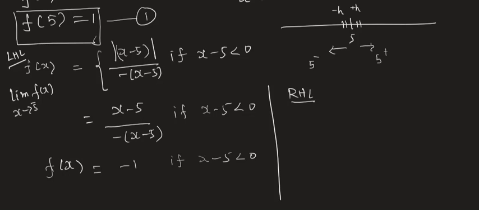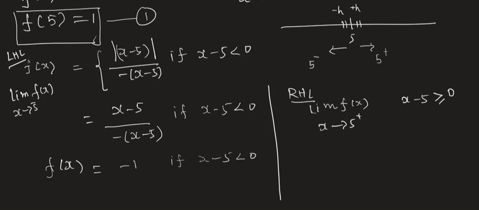Now RHL. In case of RHL, I am taking the limit of f of x as x approaches 5 plus, that is on the other side. It means x minus 5 is greater than or equal to 0, that is being positive.